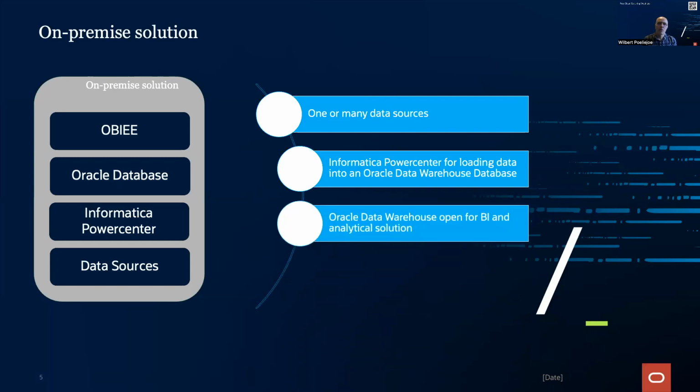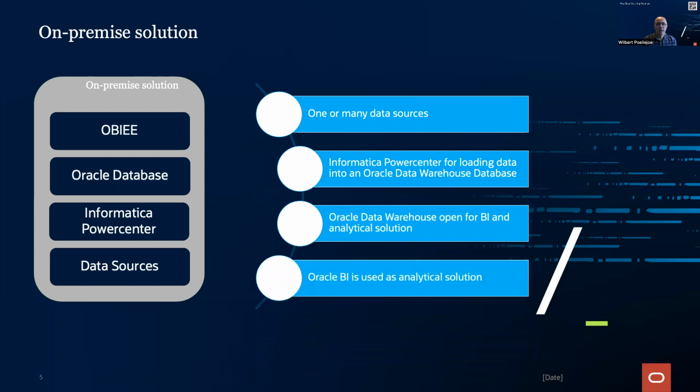So we have an Oracle Data Warehouse database which is open for the BI and the analytical solution. We also often have an Oracle BI or OBIEE solution to work with the data as an analytical and reporting solution.